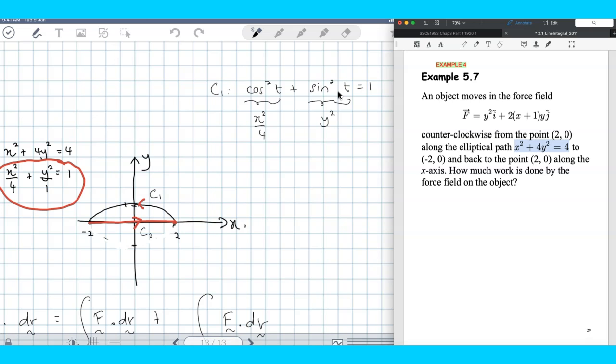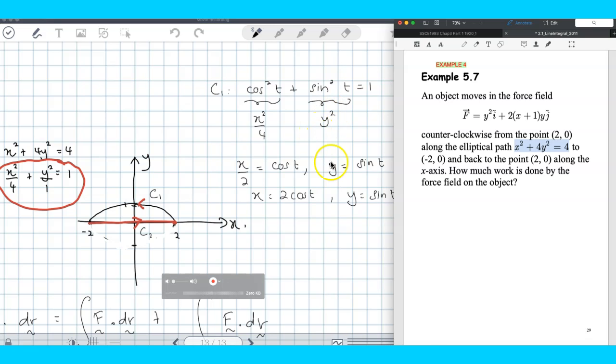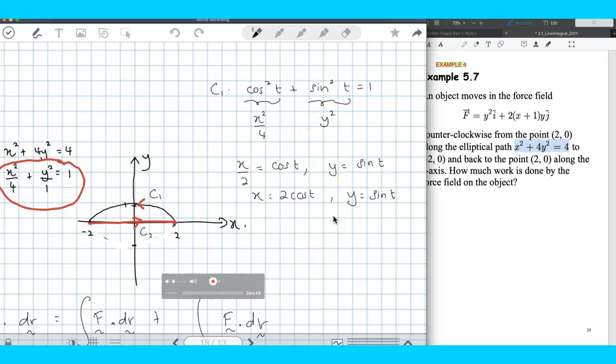Taking the square root, x over 2 is equal to cos t and y equals sin t. So x equals 2 cos t and y equals sin t. That is the parametric equation for C1.